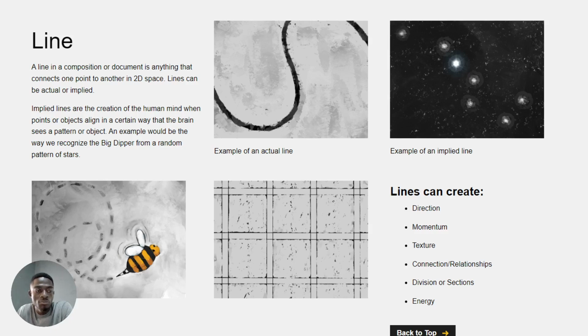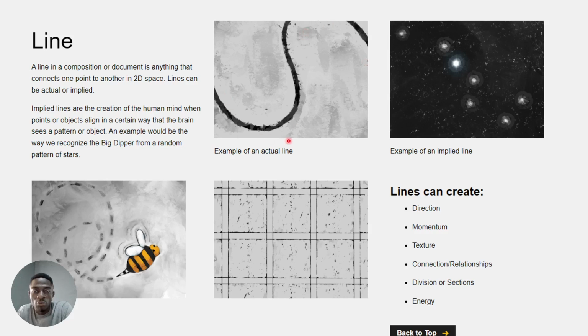An example is that we can recognize the Big Dipper from a random pattern of stars. You can figure out that it's forming some sort of line, and this is what astronomers usually use to trace shapes in the sky. This, on the other hand, is an implied line.